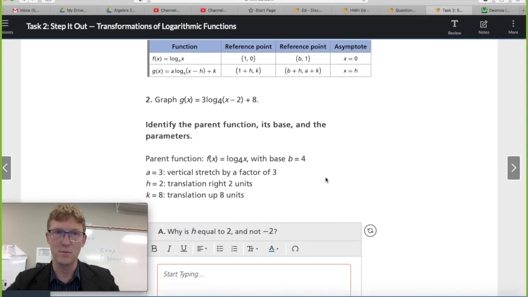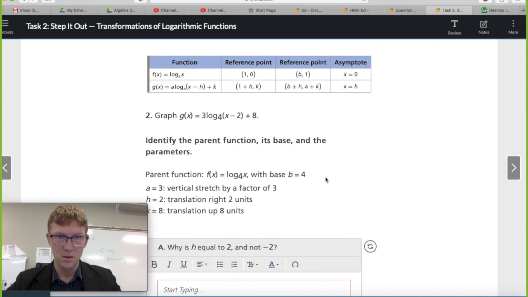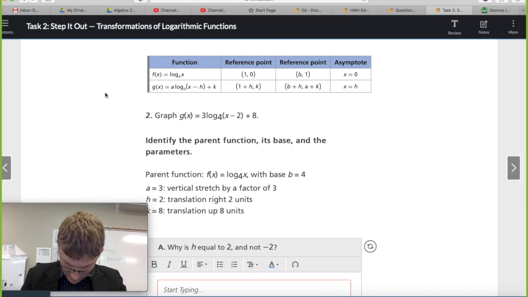So let's try it out. Let's see, do I want to write that on the screen? Sure, why not? So we're going to put up here, g of x equal to a log base b of x minus h plus k.